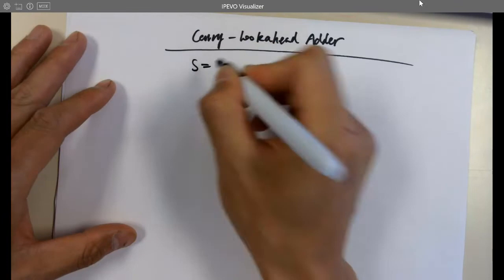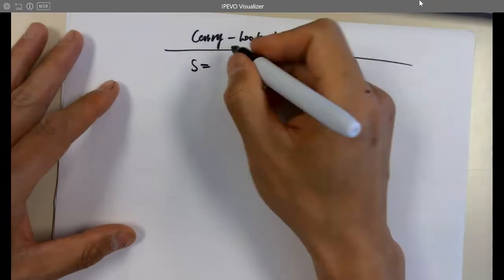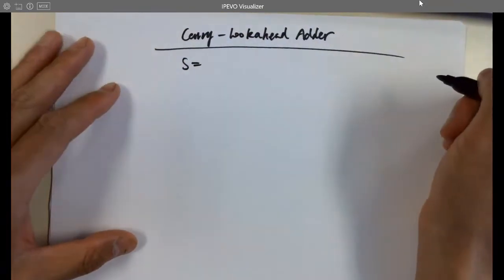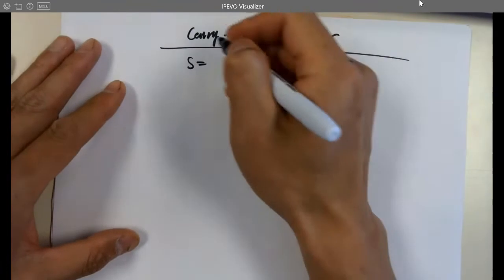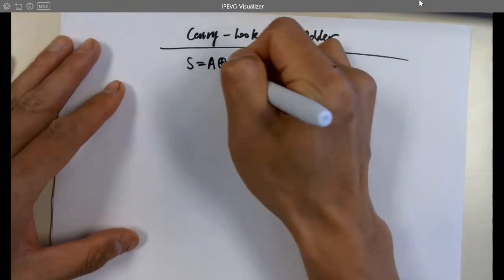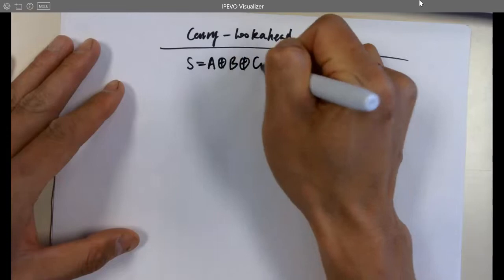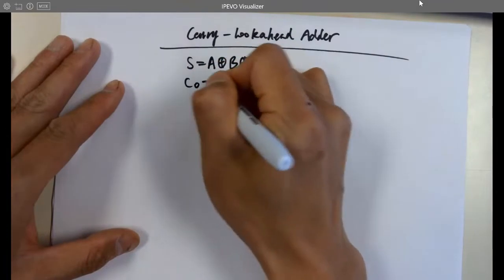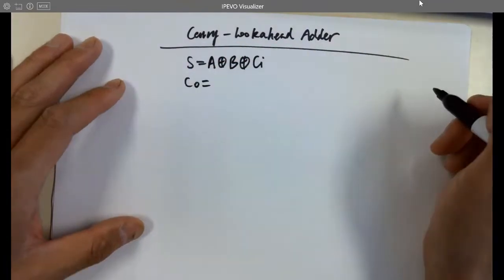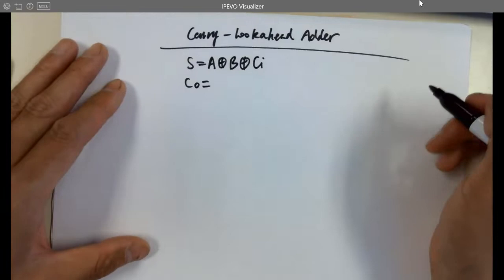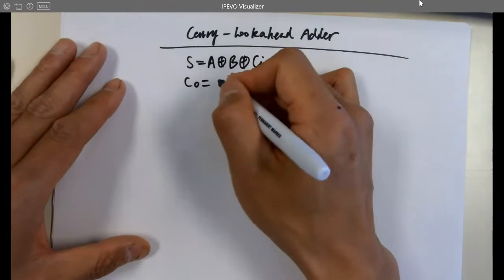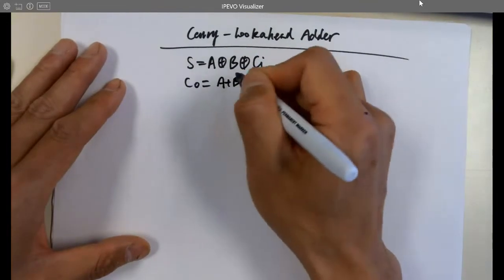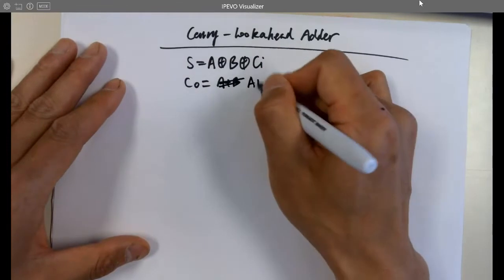So what's the logic for the adder? A quiz interview question. Carry out is... I'll just write it this way: AB.